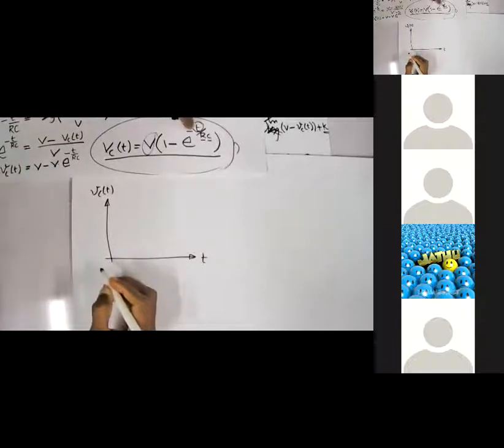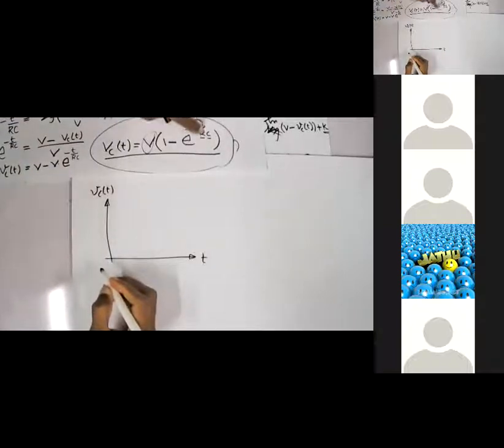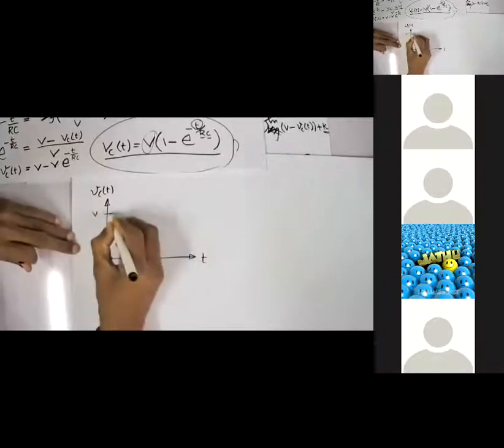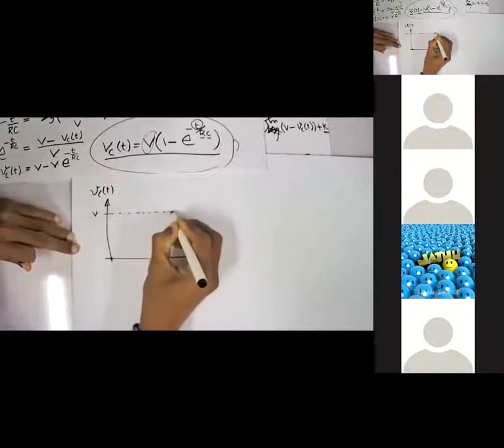At t equals 0, this will be 1 minus 1, and the voltage Vc of t will be 0. At t equals infinity, the voltage will be approaching V, right?